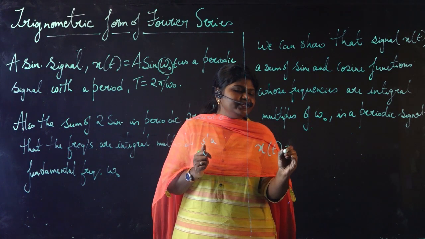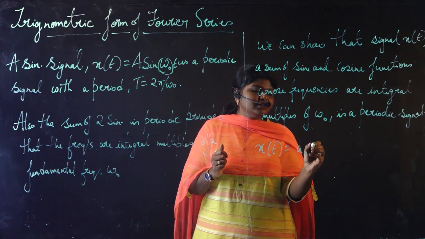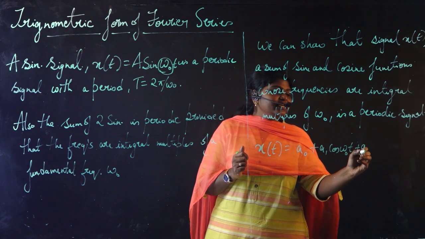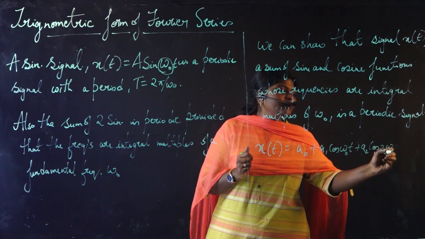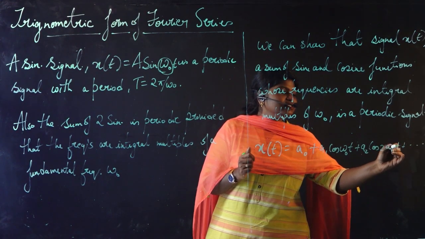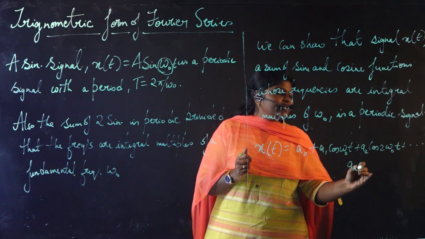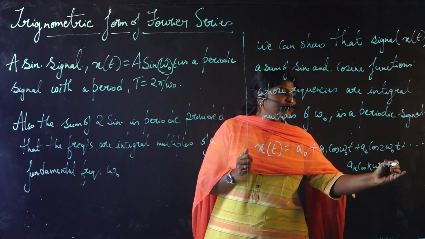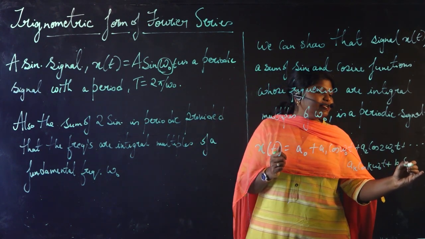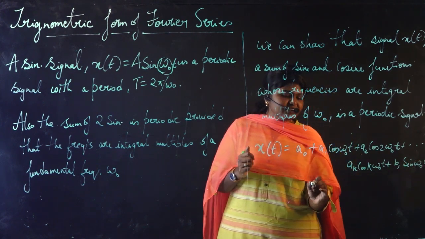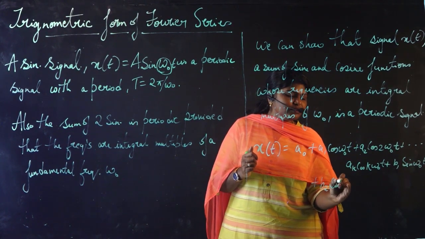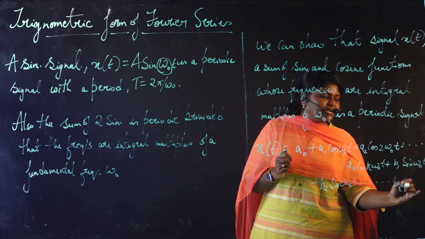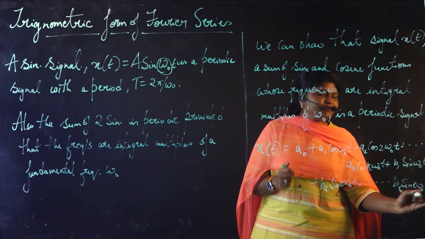So x of t will be equal to a naught plus a1 cos omega naught t plus a2 cos 2 omega naught t plus so on, up to ak cos k omega naught t, plus b1 sin omega naught t plus b2 sin 2 omega naught t plus so on, up to bk sin k omega naught t.